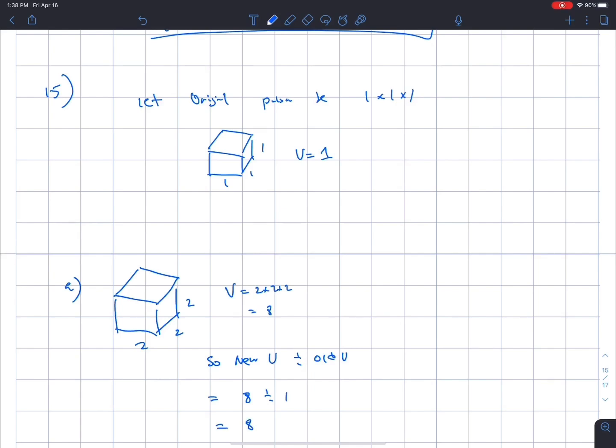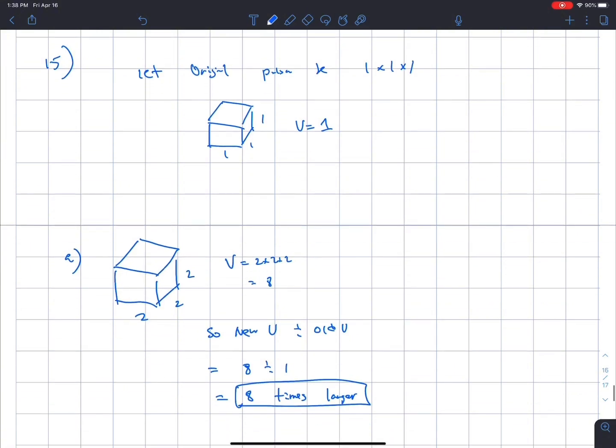So this is 8 times bigger, right? The volume is 8 times larger when you double each of the 3 dimensions. If you triple each one, the volume becomes 3 times 3 times 3, which is 27. So the volume is 27 times larger.